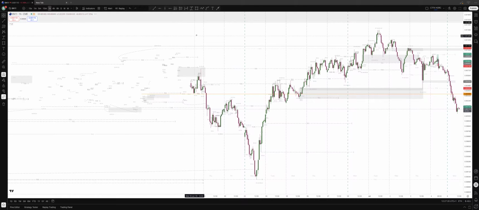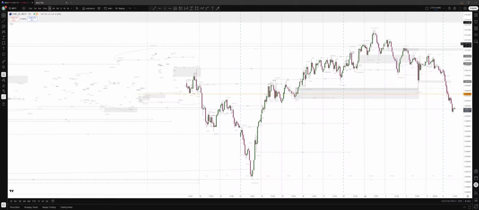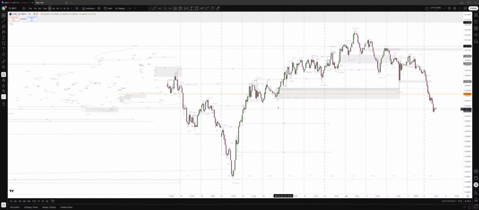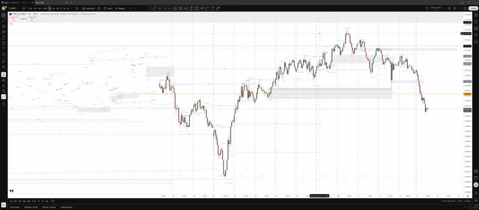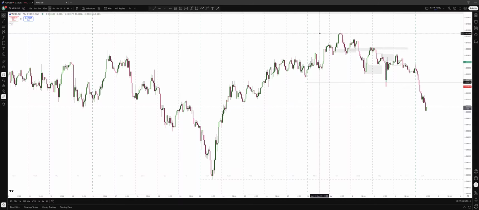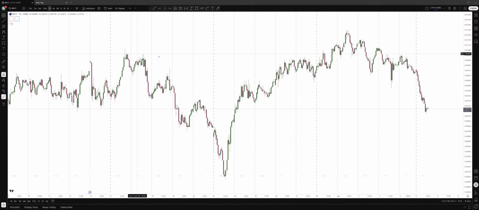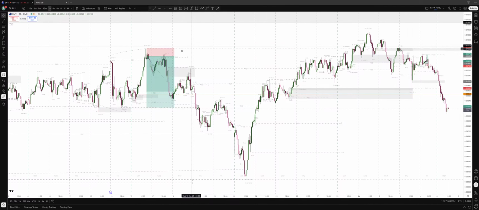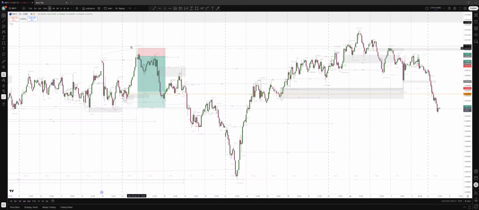I don't know why this is not loading for now. Just give me a minute. Okay. Currently on NZDUSD, at this high here, we have M plus, W minus, D minus, S minus, and that high was the true liquidity.